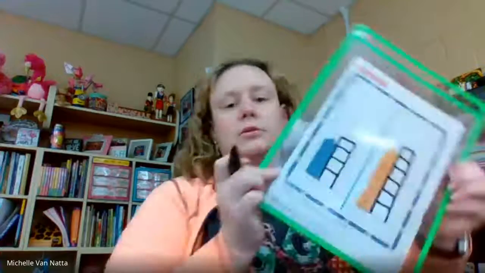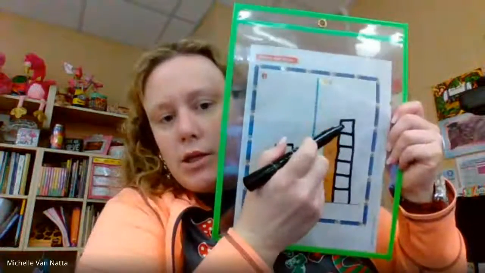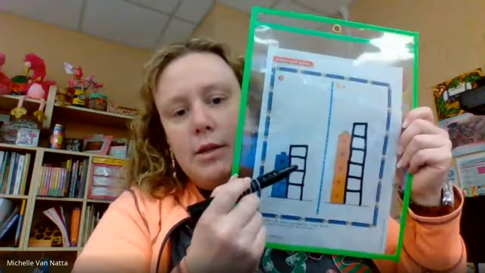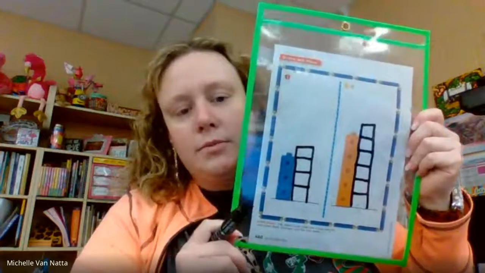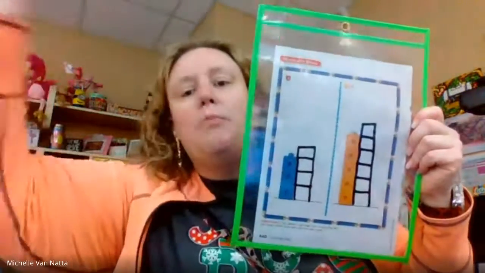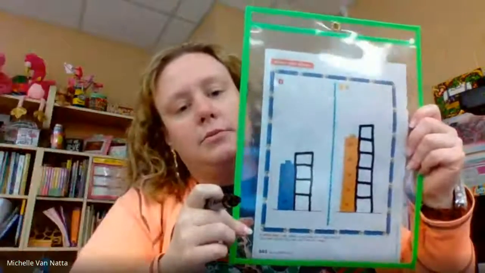That's just 1 taller. Like that. See how it's taller than the orange one? See how this is taller than the blue one? Okay, we want to be taller, bigger.